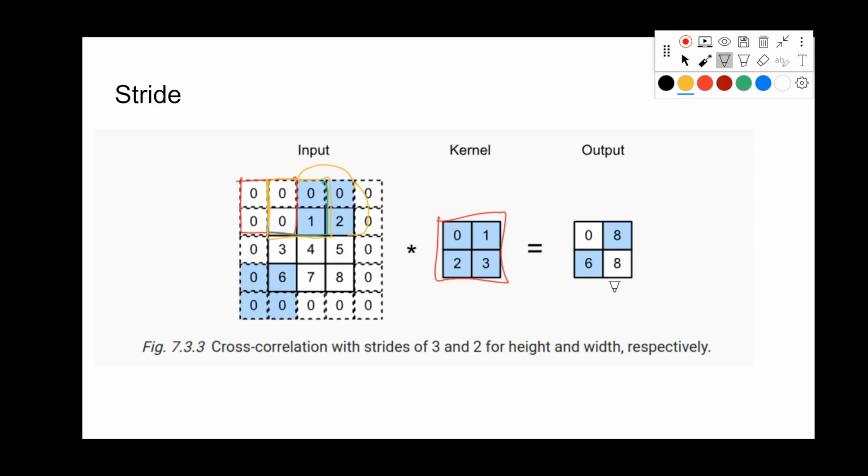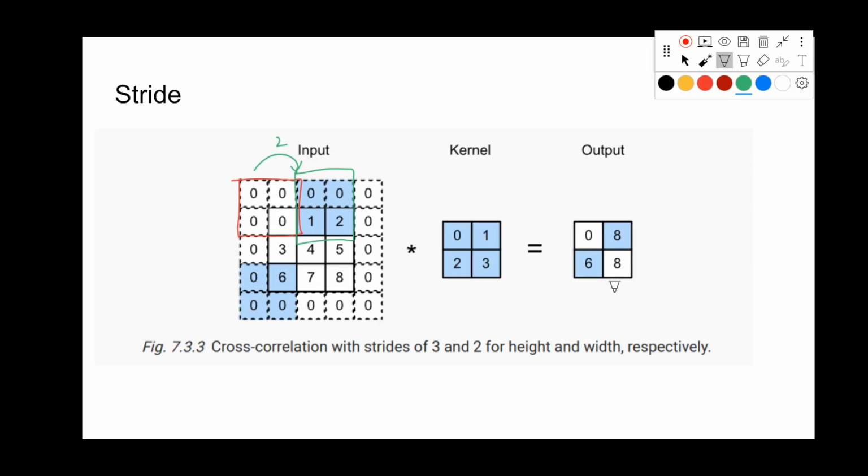Okay, but instead of moving 1 pixel, we can actually move more than 1 pixel. For example, the first one is here, and we use the second one here. So actually we move 2 pixels.